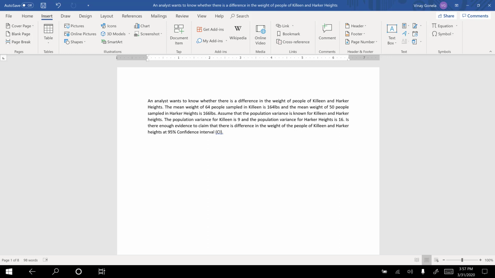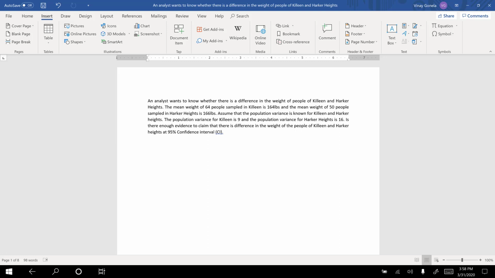Assume that the population variance is known for Killeen and Harker Heights. The population variance for Killeen is 9 and for Harker Heights is 16. Is there enough evidence to claim that there is a difference in the weight of the people of Killeen and Harker Heights at 95% confidence?